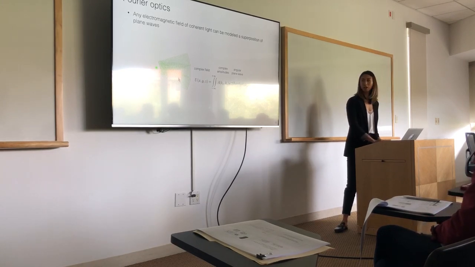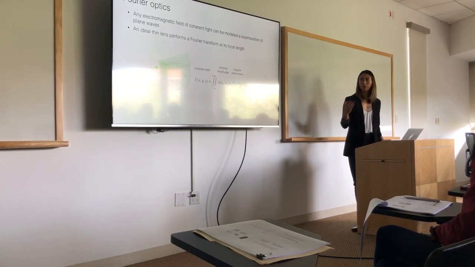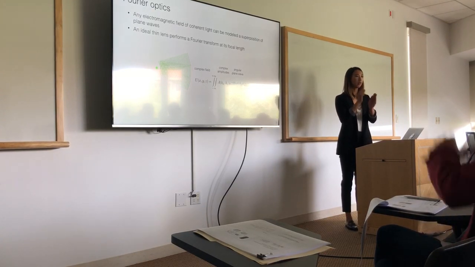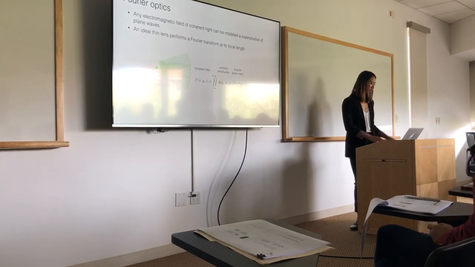If you're familiar with Fourier transforms, you can notice that this already starts to look like a Fourier transform. And indeed, we have this idea that an ideal thin lens can perform a Fourier transform at one focal length away. So basically, if you have a lens placed in front of an image that's coherent, then one focal length away from that lens, you'll get the Fourier transform of that image.